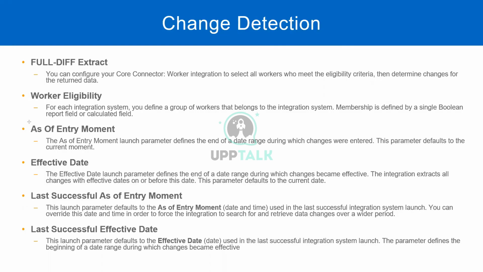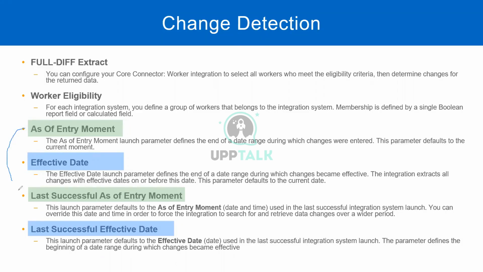One is as of entry moment, and it works with last successful as of entry moment. And then we have effective date, and that works with last successful effective date. They work in combination. So these are together, and these are together.